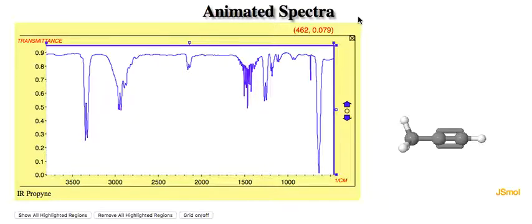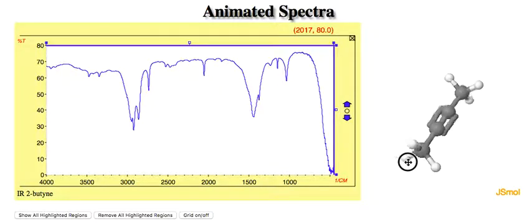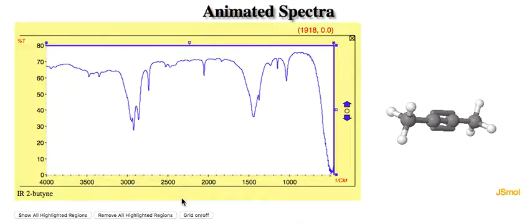Okay, so that was the propyne. And here we've got 2-butyne. I want you to notice there really aren't those triple bond C's with an H on there, because there aren't any H's directly on the triple bond. The triple bond is internal.